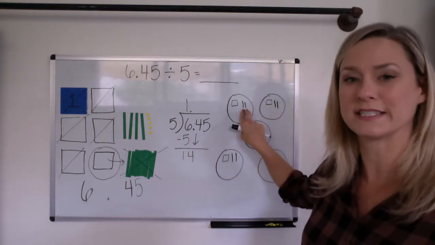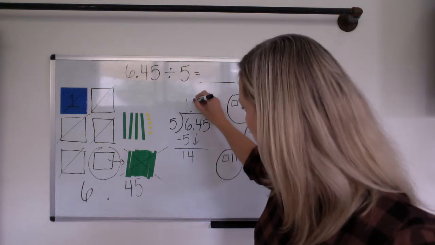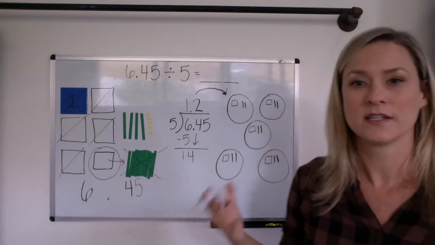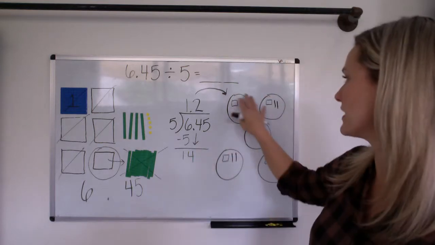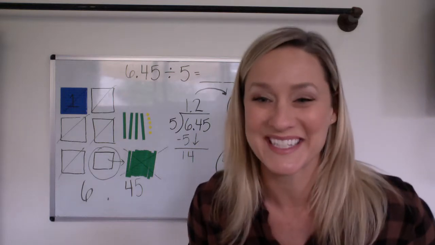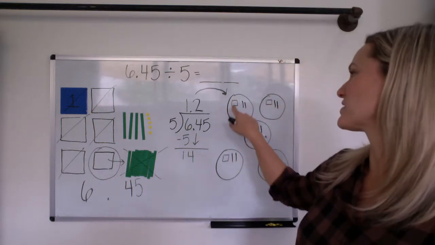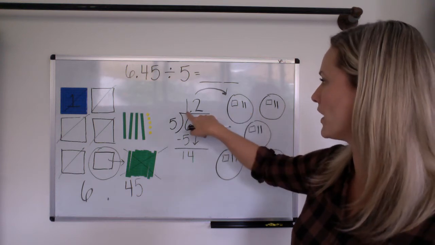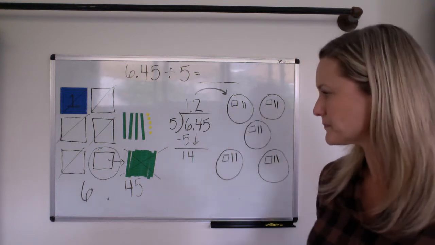So 2 went into each group. So I'm going to put a 2 up here. Remember, this is representing 1 of the shares, right? So we're sharing all of the 6 and 45 hundredths equally, but our answer is representing how much each group gets. So far we have a 1 and then a 2 tenths.